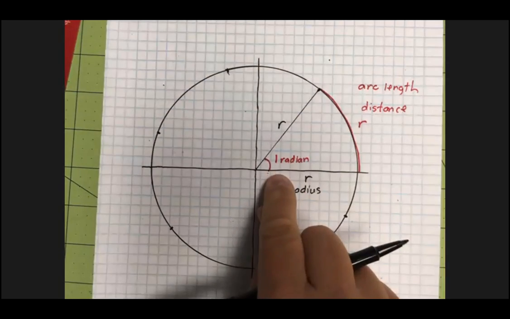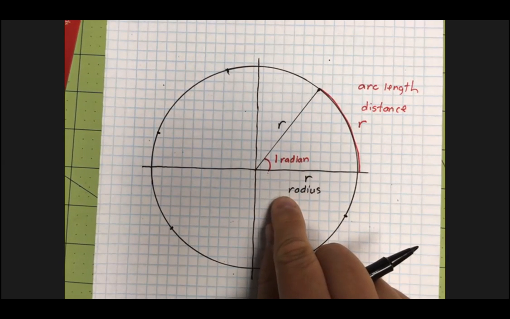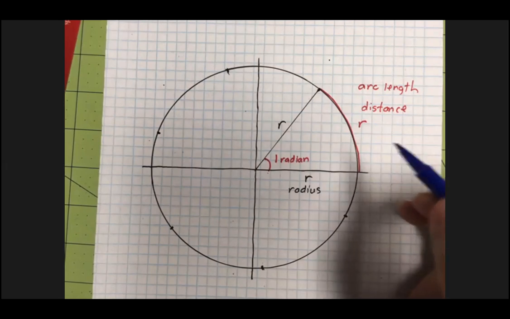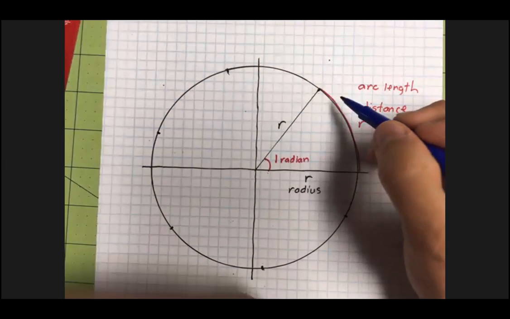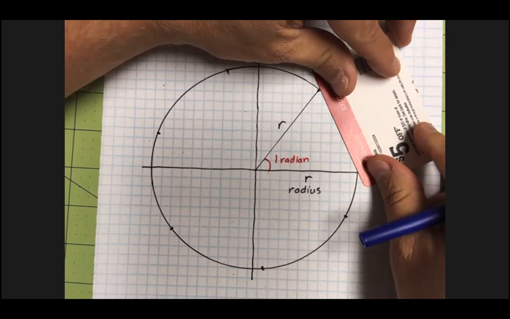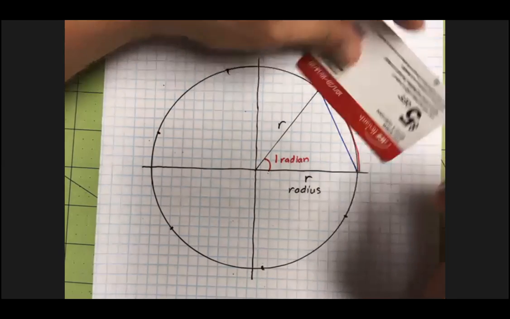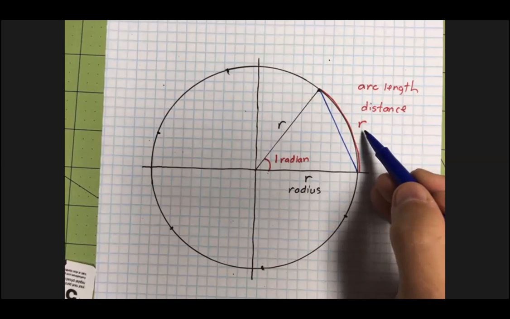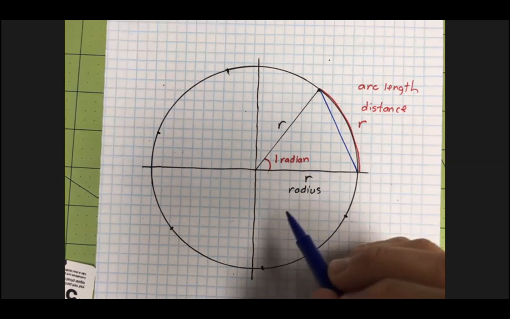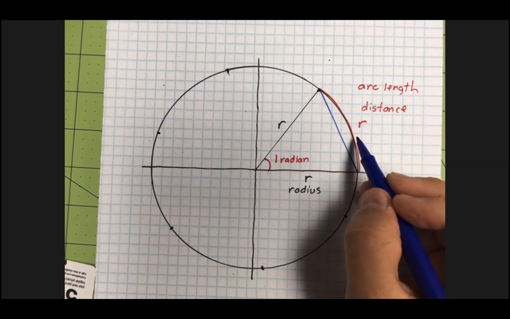Now, exactly how many degrees is a radian? Well, we have a method of converting, but I want to say to you, it's got to be nearly 60 degrees, because let's pretend I join these 2 points on the circle where I start and stop the angle. If that red arc is r units long, meters, feet, inches, whatever units I'm using, then this blue distance here has got to be slightly less than r.